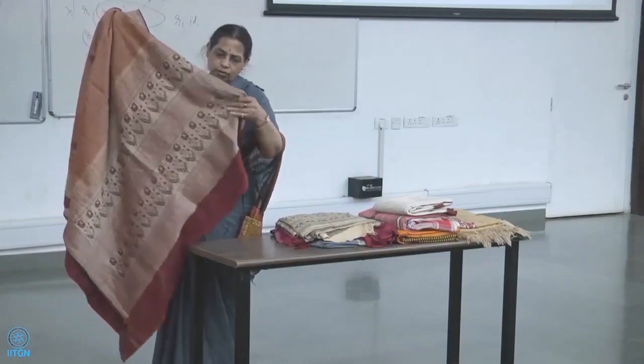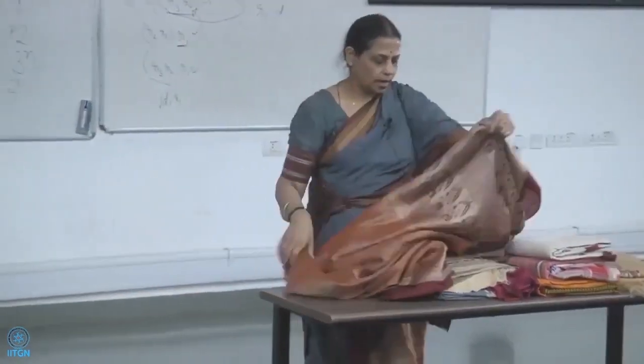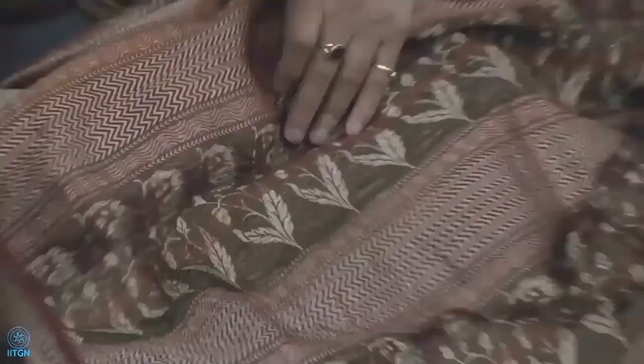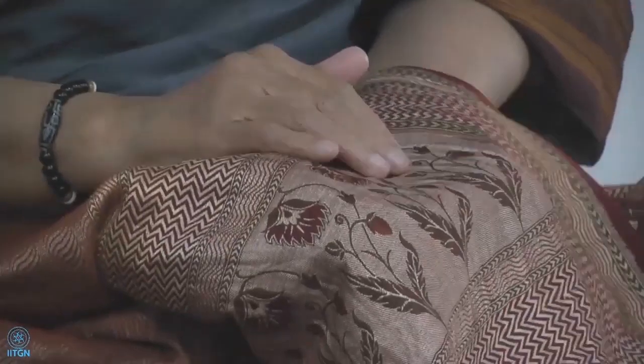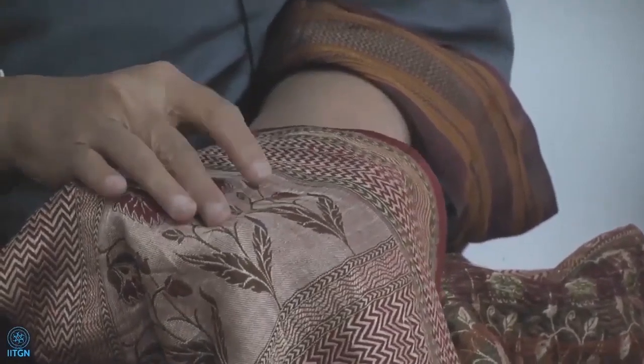This is almost like a tissue. I would also like you to notice that at the back you have these colors. The bud has two colors, a green and a brown.